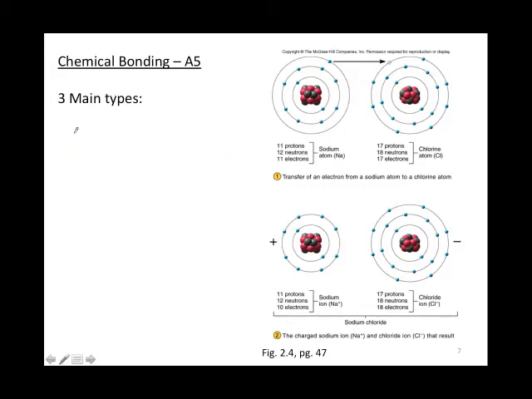All right, let's take a look first at ionic bonds. Ionic bonds are those bonds that form between cations and anions. Or, in other words, the bonds that form between positively charged atoms and negatively charged atoms. Sodium with a positive 1 charge, chlorine with a negative 1 charge, they bond together to form sodium chloride. We know that sodium is going to donate its electron to chlorine to fill up the valence shell in chlorine.